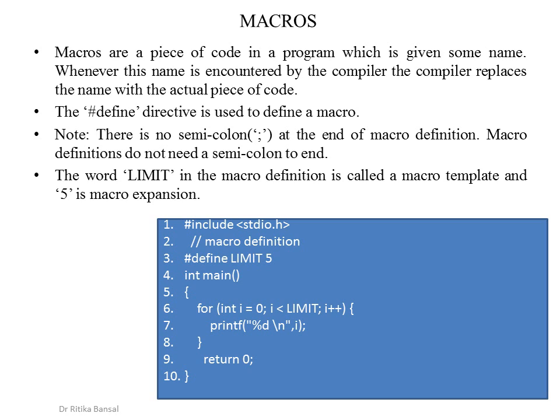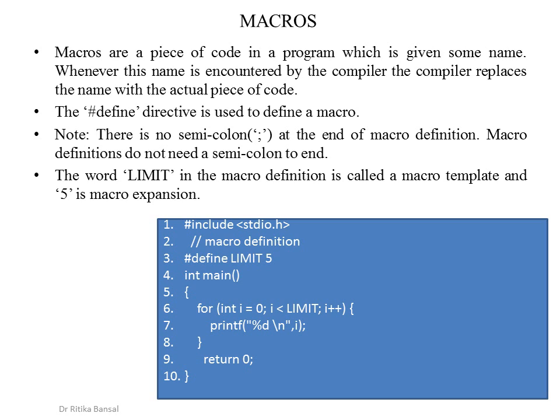It means that we want to give some English word or some symbol to the number 5. Hash define limit 5. It means in place of 5 we will use limit in the code, and wherever we use the word limit, it will be replaced by 5 automatically, and there is no semicolon after the end of defining a macro.